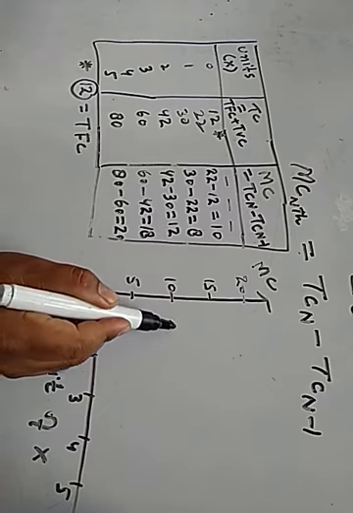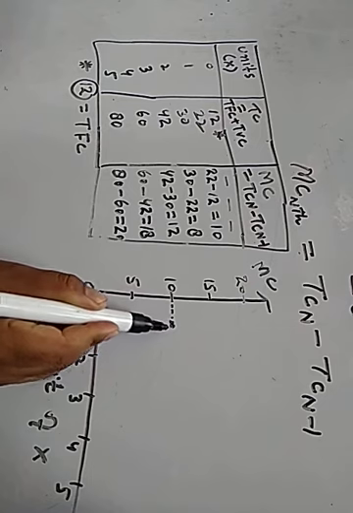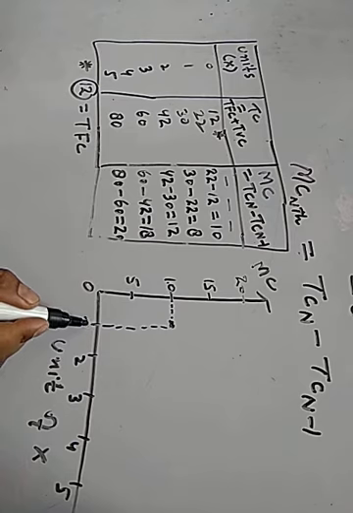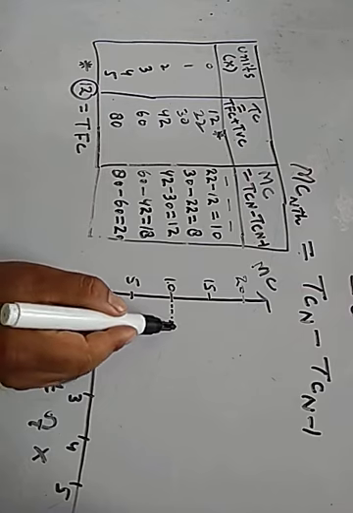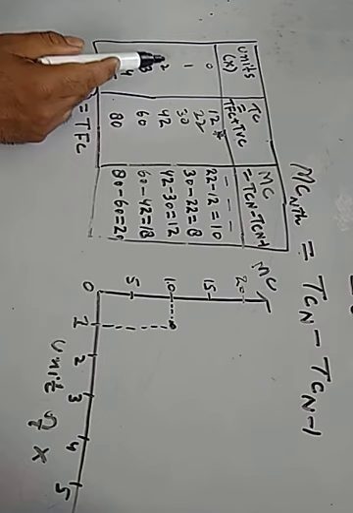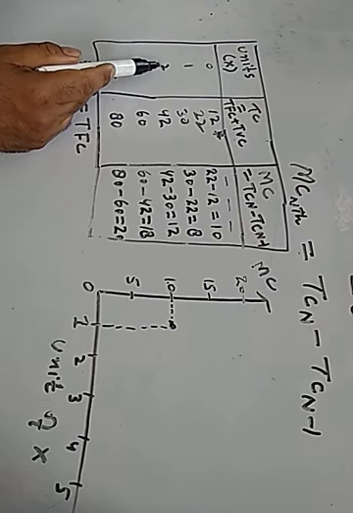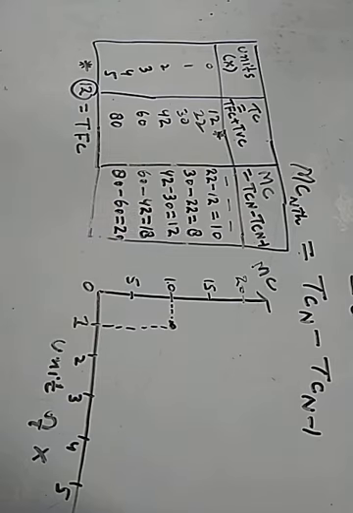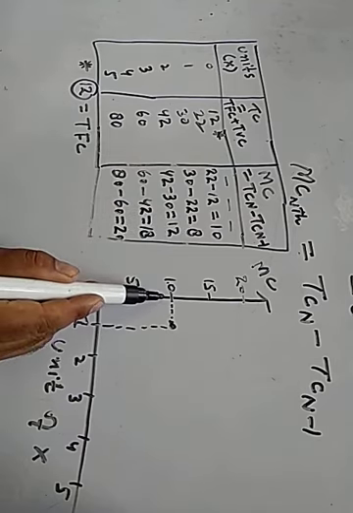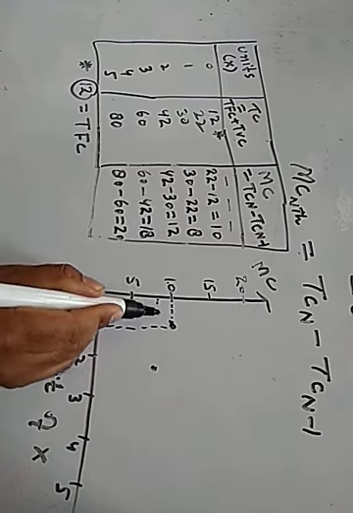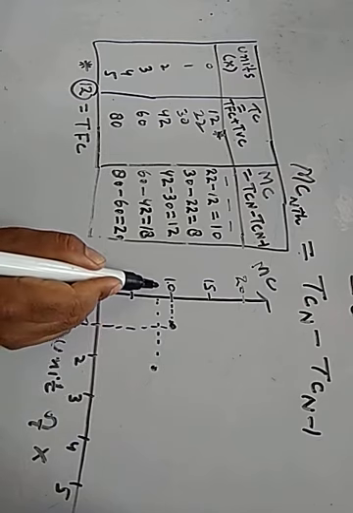This point shows marginal cost equal to 10 rupees and level of output equal to 1 unit. When 2 units of output are produced, the marginal cost of this second, additional unit is equal to 8 rupees. It will be here below this 10. This point shows marginal cost equal to 8.